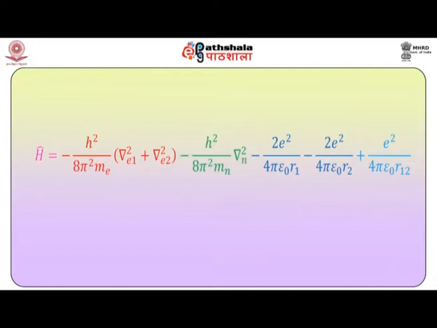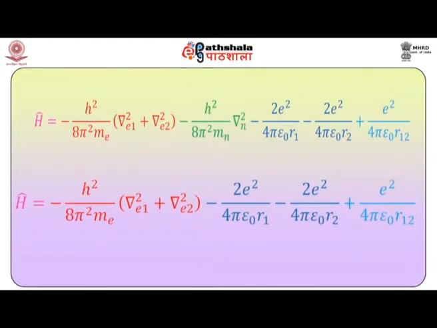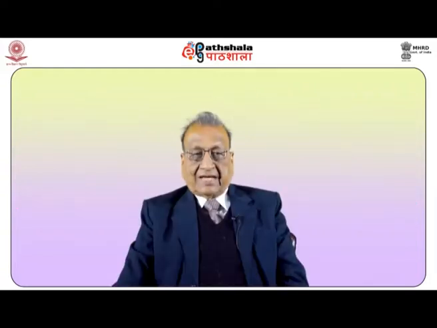If the nucleus is very heavy, we can neglect the kinetic energy of the nucleus, and we write the Schrodinger equation simply like this. Now, we have the exact Hamiltonian, but the problem is, what wave function must we choose?